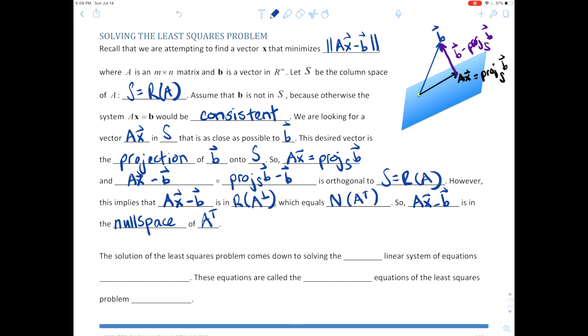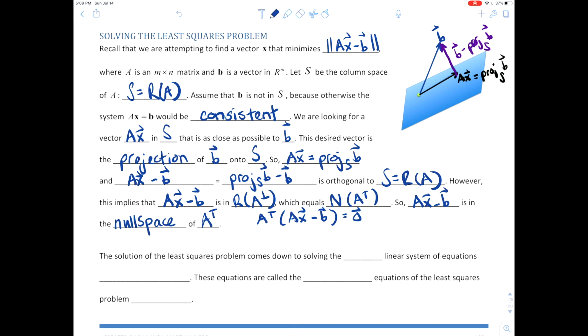And you can see that this yields the following equation. A transpose times (A times X minus B) would equal the zero vector, right?